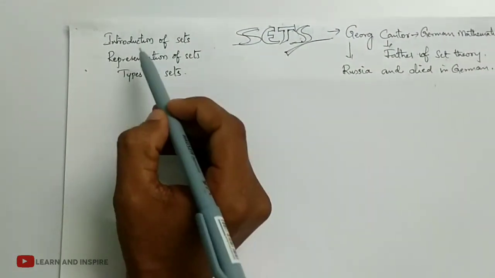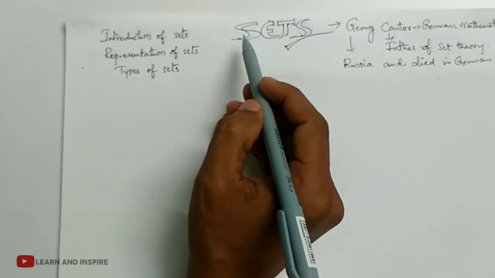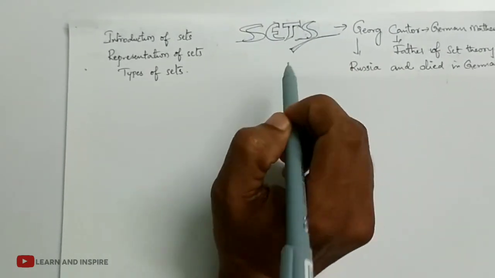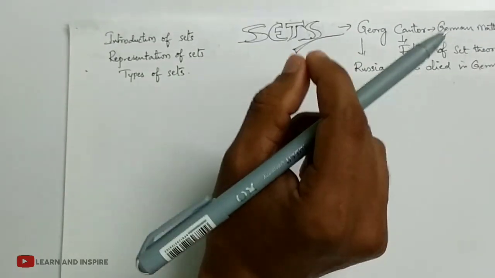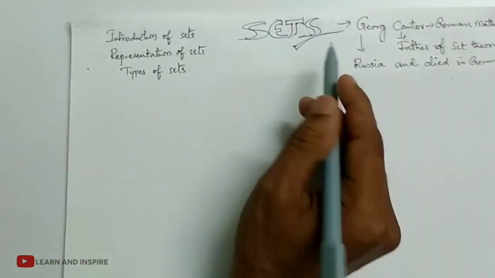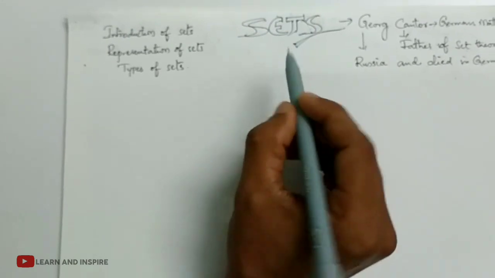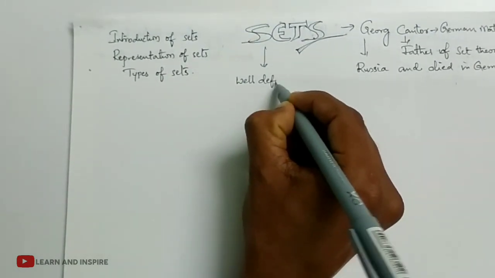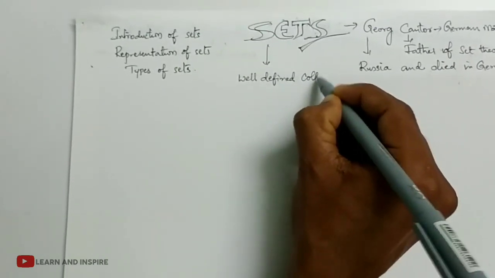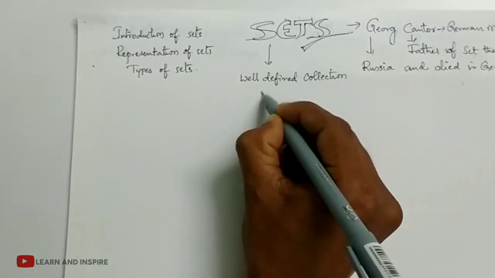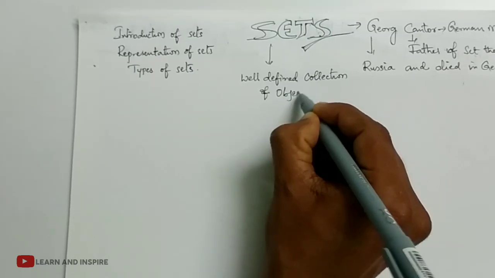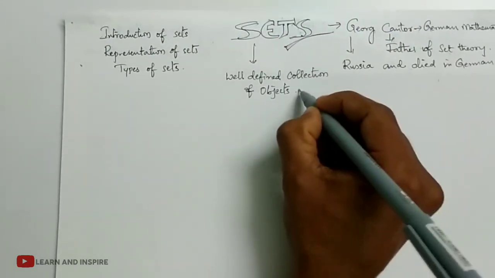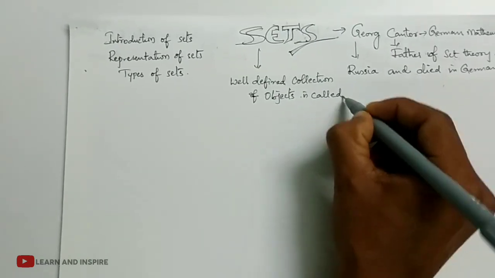Now coming to the introduction of a set. So what is a set? Set is nothing but a well-defined collection of distinct objects. A well-defined collection of objects is called a set.